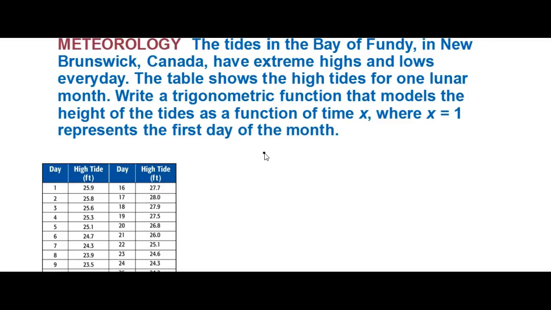First thing we're going to want to find is the maximum and the minimum of this data that's given to us. We've got the day numbers and the high tide for each day. And it appears the minimum high tide would be, let's see, around 23.3.